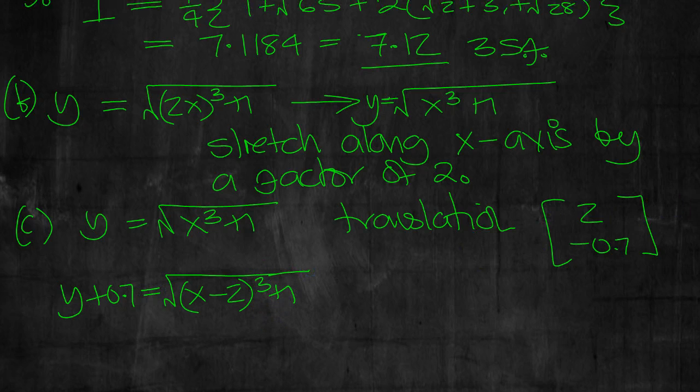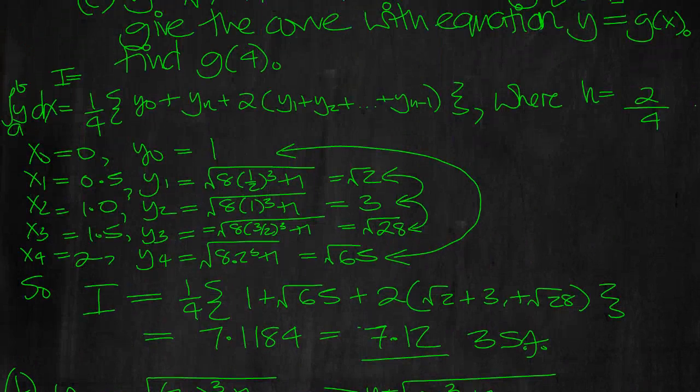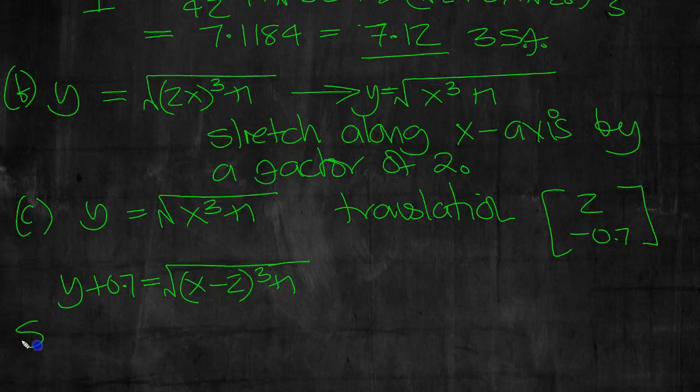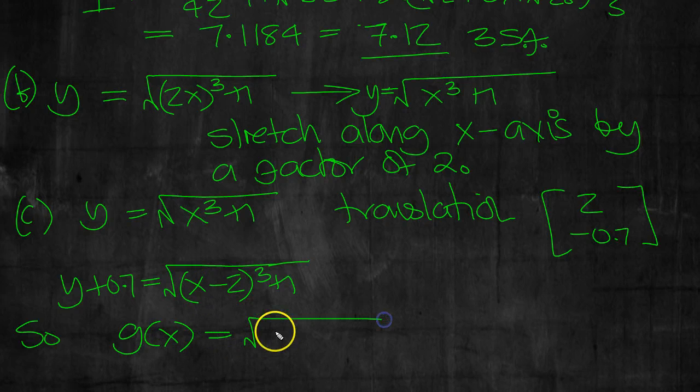So let's see what the question asks for then. Find g of 4. So g of x would be equal to the square root of x minus 2 cubed, plus 1, minus the 0.7 then.